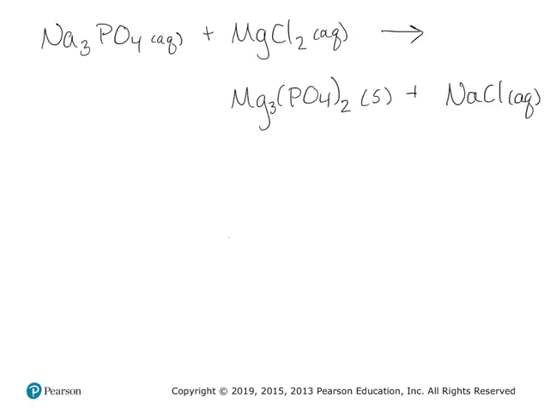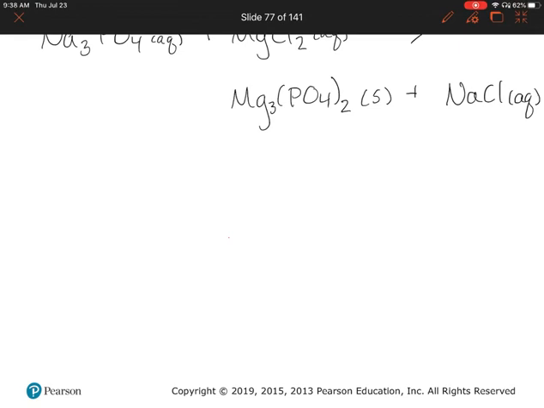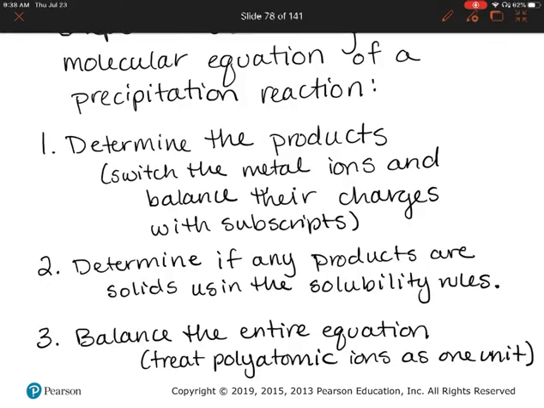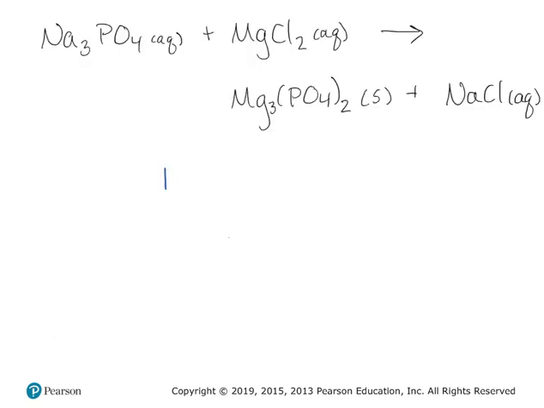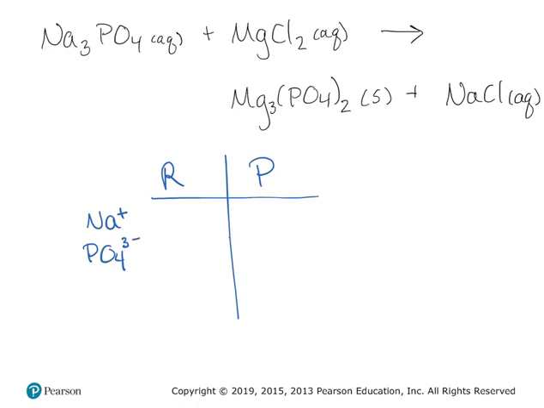Okay, so let's now balance our equation, because remember, whenever you have a chemical equation, you have to balance it. All right, so let's make our little chart that we usually make when we're balancing equations. So we have reactants versus products, and it looks like we have sodium ions, phosphate ions, we have a magnesium ion here, and chloride ions.